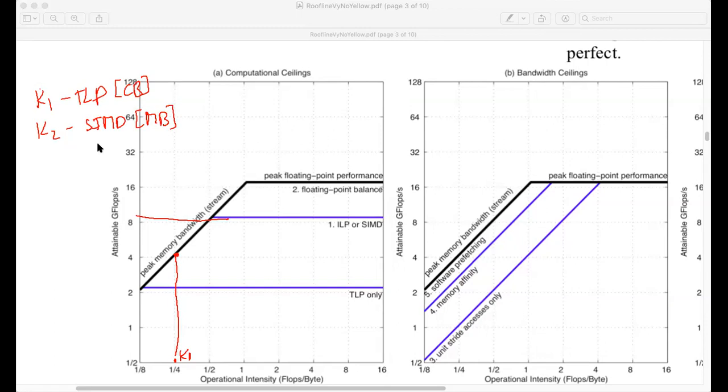So now you try to increase the operational intensity. In version K3 of the program, you do some optimizations so that the operational intensity increases from 1/4 to half. Once it does, you are at this ridge point. So you did some memory optimizations so that again it becomes compute bound.